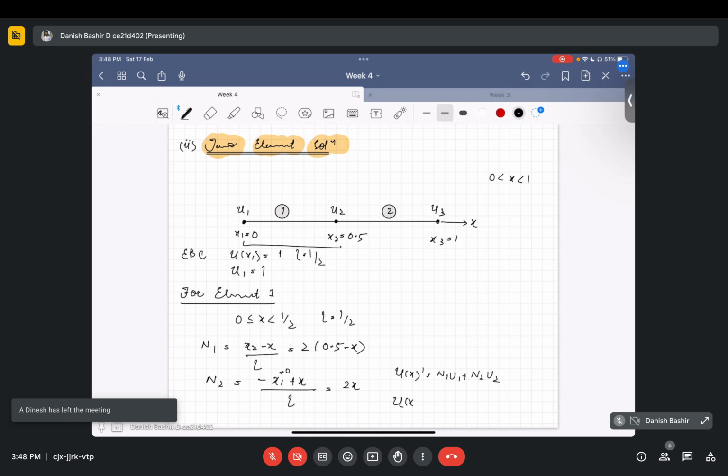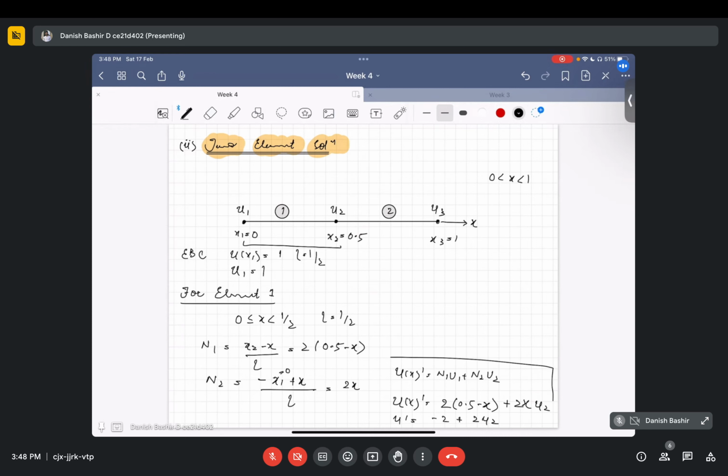Then u of x for element 1 will be equal to twice (0.5 minus x) u1 plus 2x u2. And u dash, computing the derivative, will be minus 2 u1 plus 2 u2. These things we computed for element 1. Similar things we have to compute for element 2.